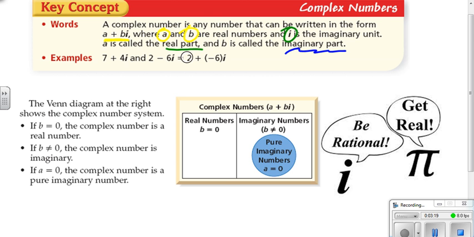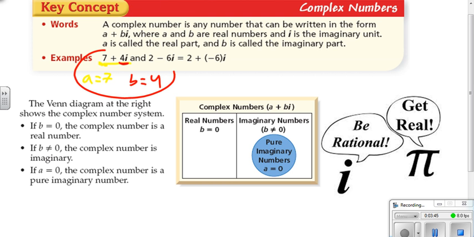Examples in our little table would be like 7 plus 4i, in which case our a equals 7 and our b equals 4. Those are both real numbers, but because we're multiplying 4 by i, that's our imaginary part.